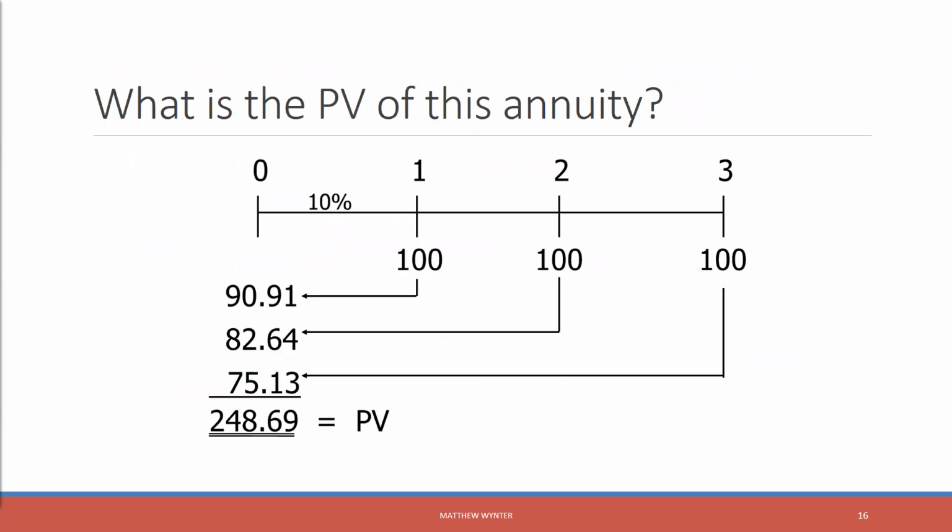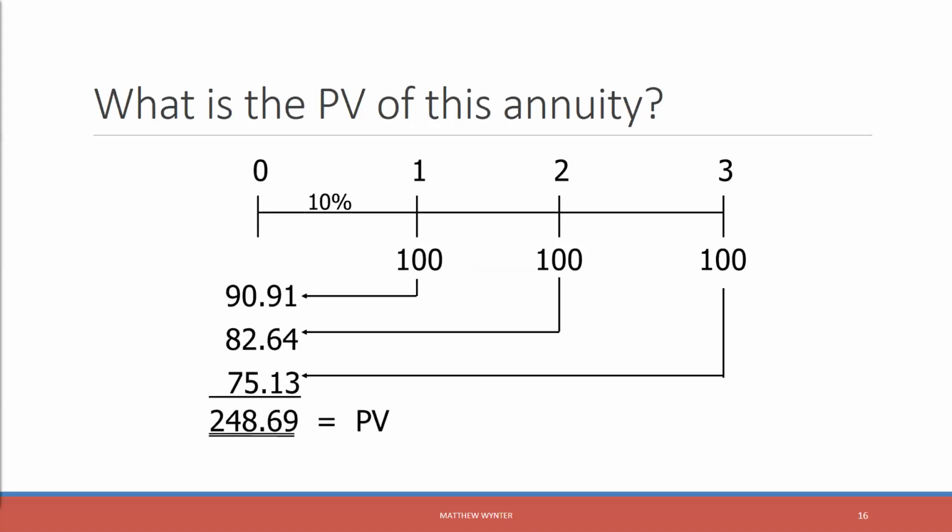If we do a timeline, what do we have? We know at time 0, that's today, we're trying to find the present value. At time 1, we get 100. At time 2, we get 100. At time 3, we get 100. And what are we doing? The 90.91 is 100 divided by 1.1.